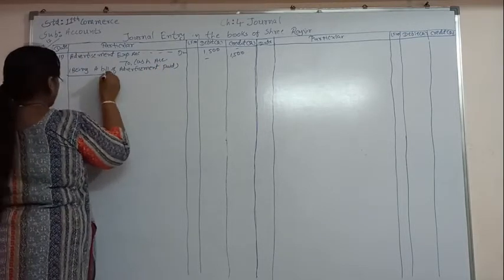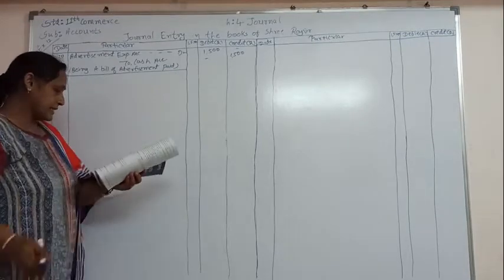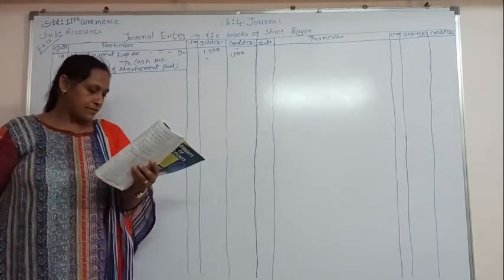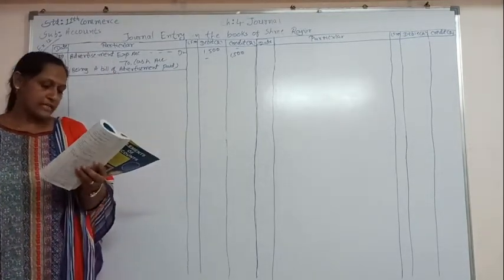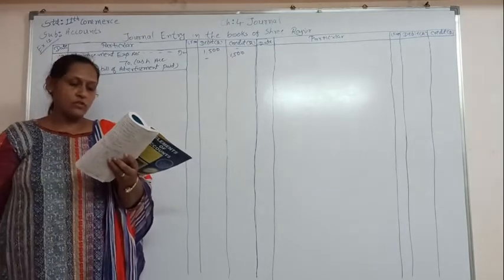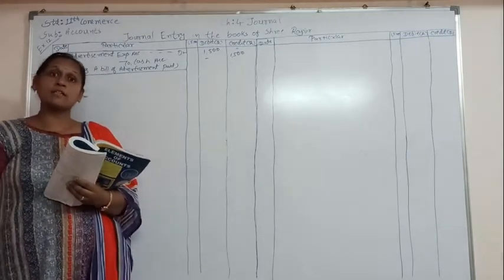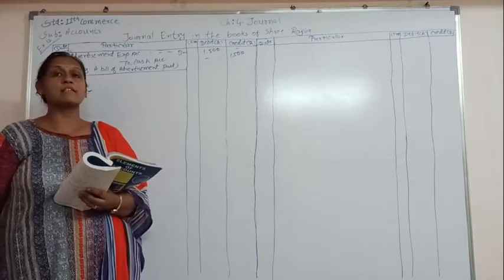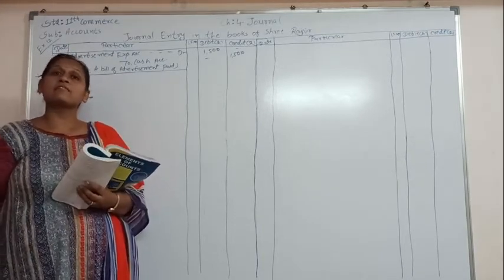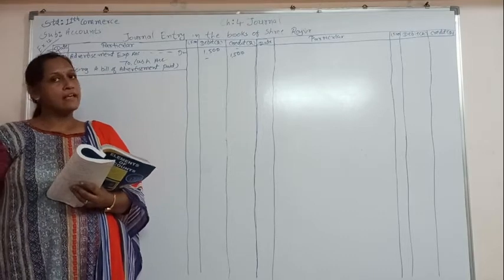So now the next transaction is received personal dividend of rupees 800 which is deposited to bank of business. So here the dividend is personal dividend which we have taken to the business. Whatever personal asset we are taking to the business is capital.